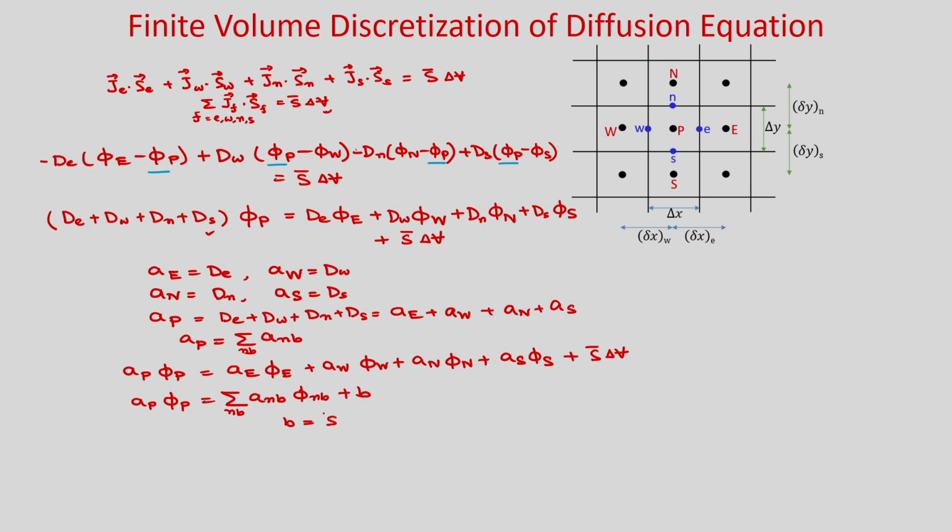In this case it is s bar delta V. Now you can see this is the final discretized equation using the finite volume method.